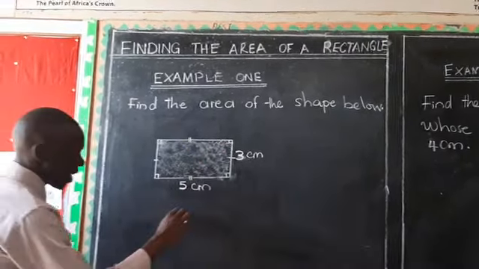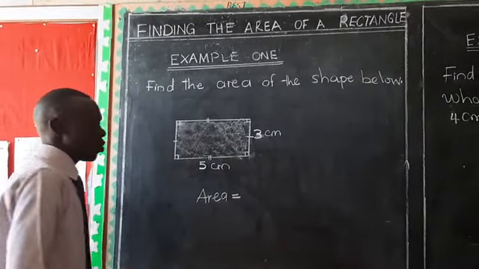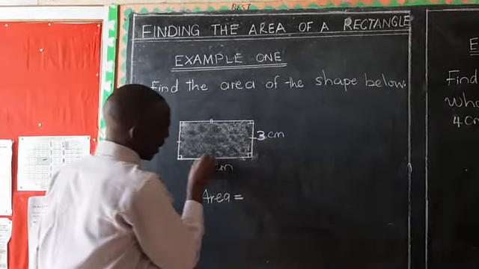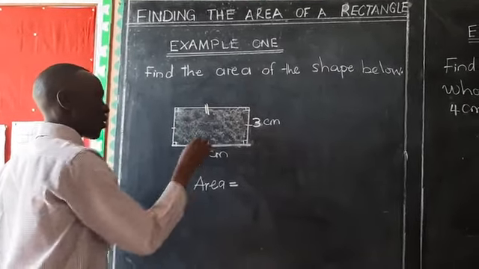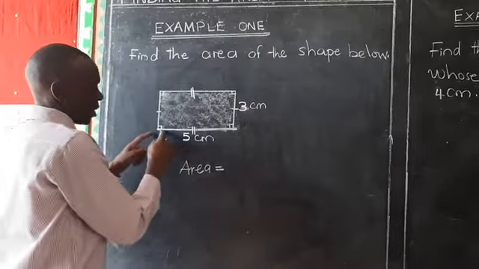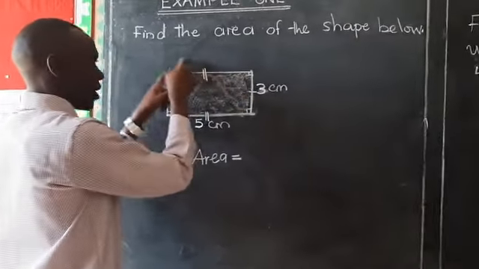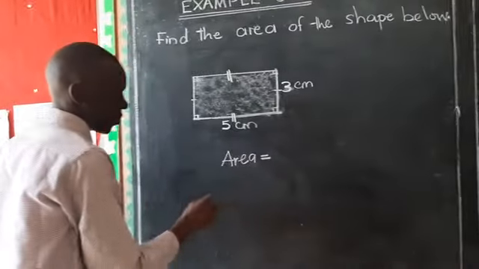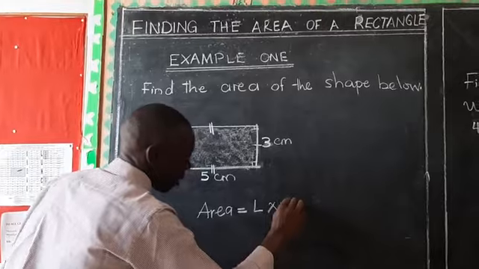Area equals the length of the rectangle. The length is 5 centimeters. And what is the width? The width is 3 centimeters. Very good. Therefore, area equals length times width.